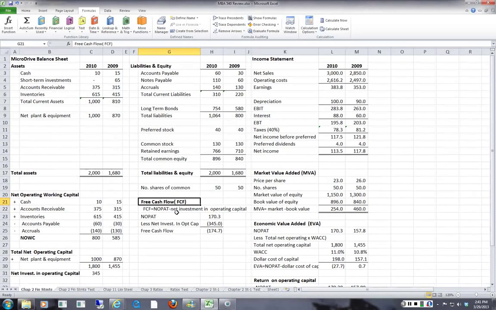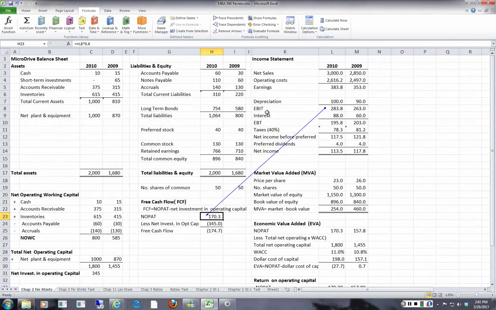Free cash flow is determined as net operating profit after taxes minus the net investment in operating capital. NOPAT is going to be $170, and how that's calculated, we go up here in the income statement and we take $283.8, which is earnings before interest and taxes, and we multiply it by 0.6.